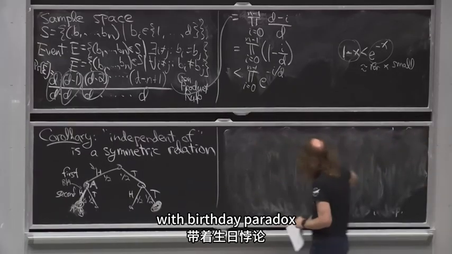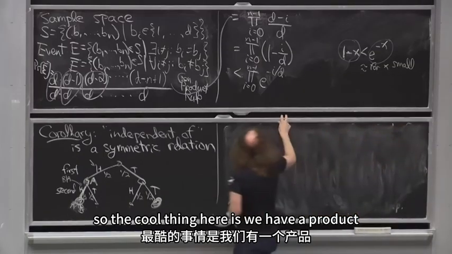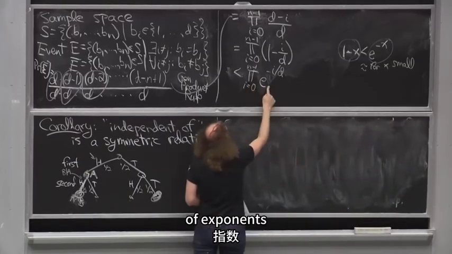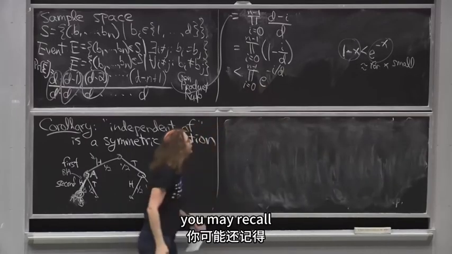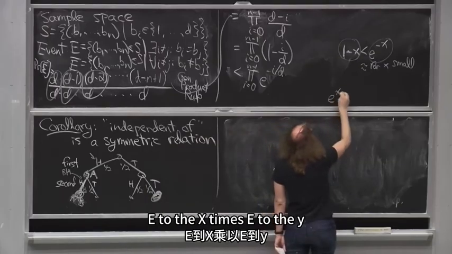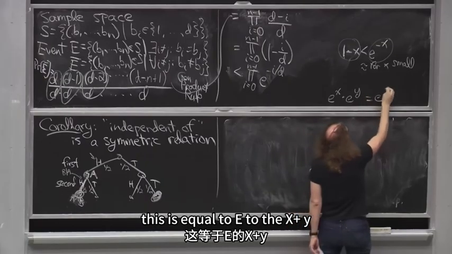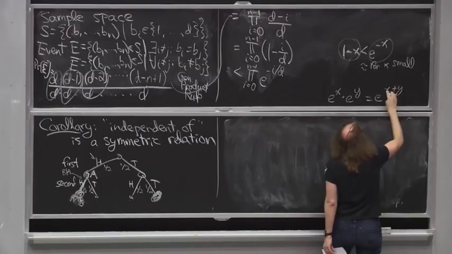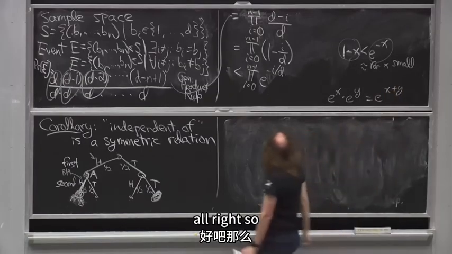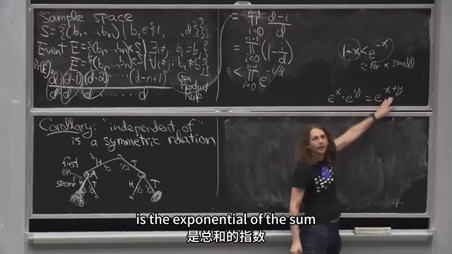So the cool thing here is we have a product of exponentials. You may recall that e to the x times e to the y is equal to e to the x plus y. Taking a product of two exponentials is the exponential of the sum.